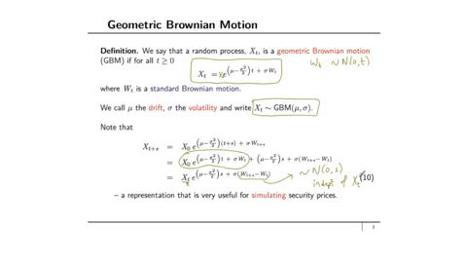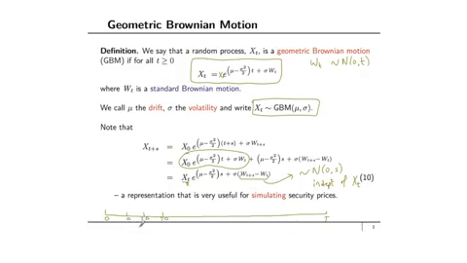So that means, for example, suppose that we wanted to generate values of a geometric Brownian motion at time 0 and at time t, but also at intermediate times, maybe delta, 2 delta, 3 delta, and so on.